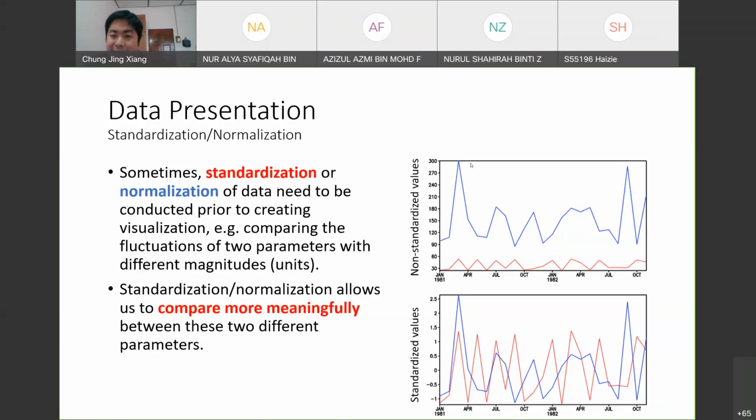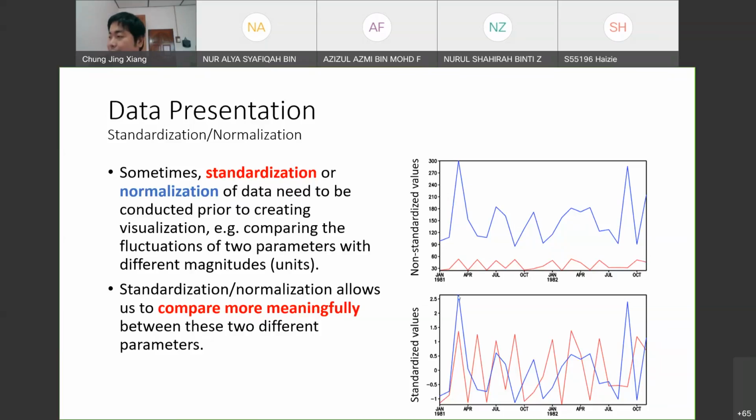If you calculate the standard deviation or variance, it will be very large. But the red one only fluctuates in a very small range, let's say 30 to 60, while the blue line is 90 to 300.